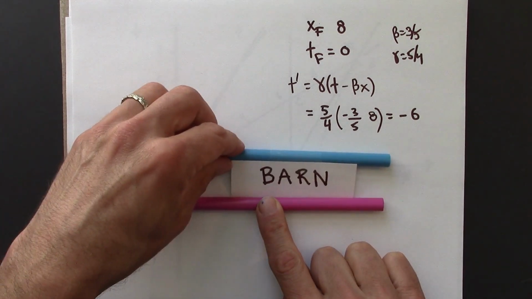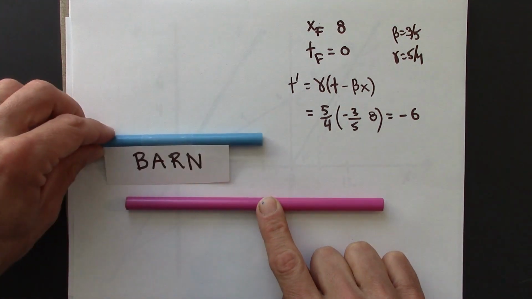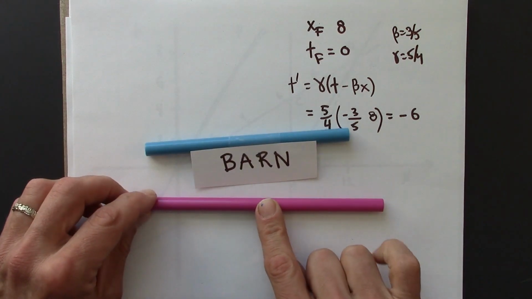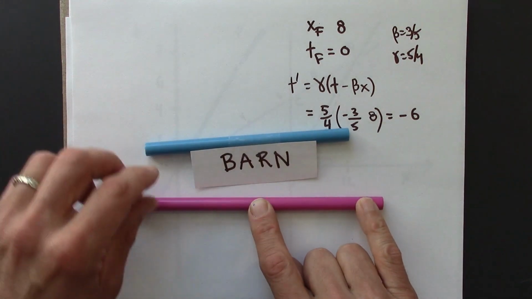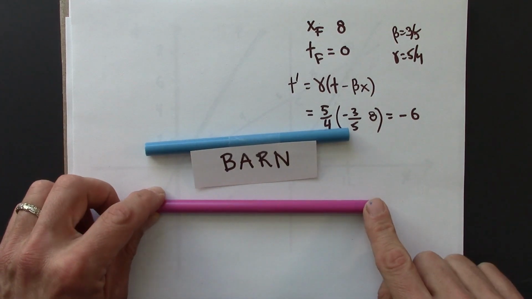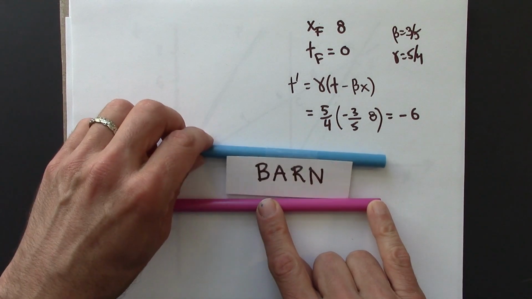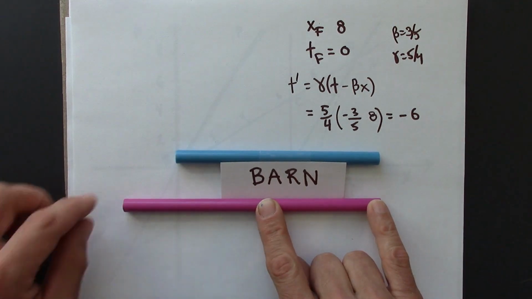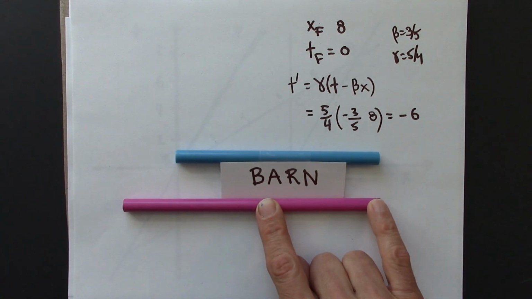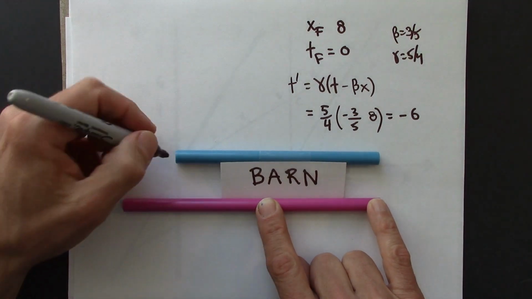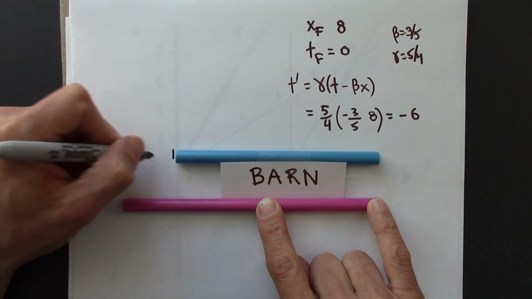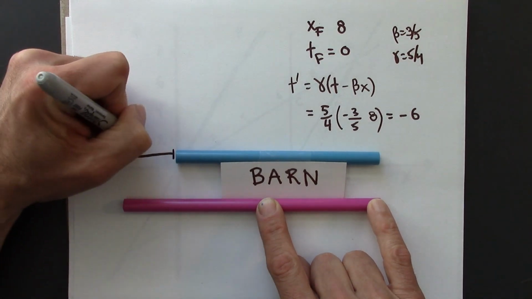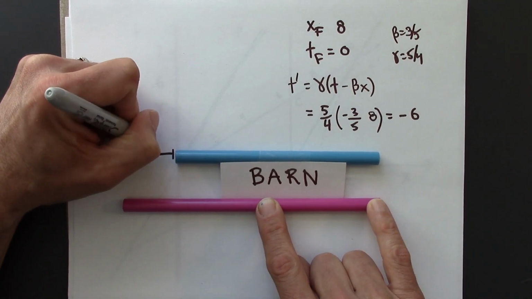It's actually the barn that's moving backwards, because in Beowulf's frame, Beowulf is at rest. All right, so the stick is 10 meters, and the barn, we decided, is 6.4. So this leftover distance here is going to be 3.6.